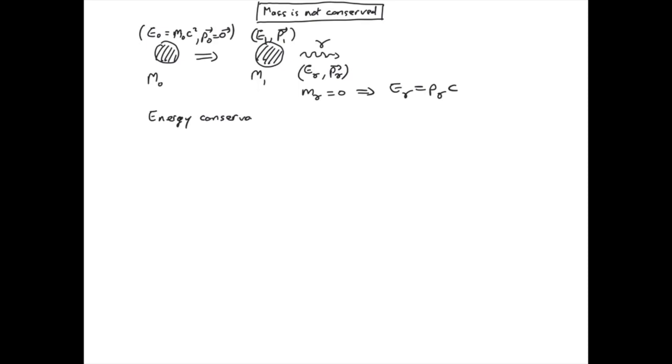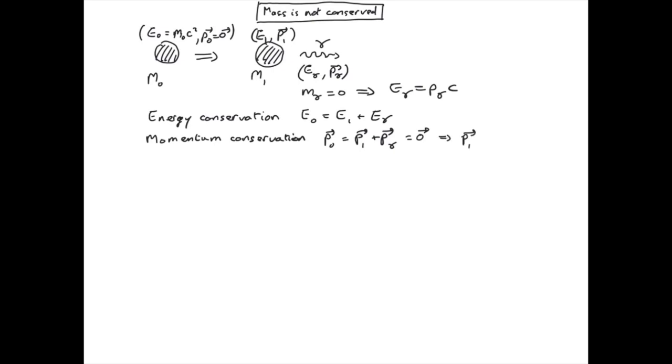And applying momentum conservation, we have P0 equal P1 plus P gamma. But because P0 is equal to 0, we have P1 plus P gamma equal to 0, so P1 equals minus P gamma, and in magnitude these two vectors have the same value, so P1 is equal to P gamma.